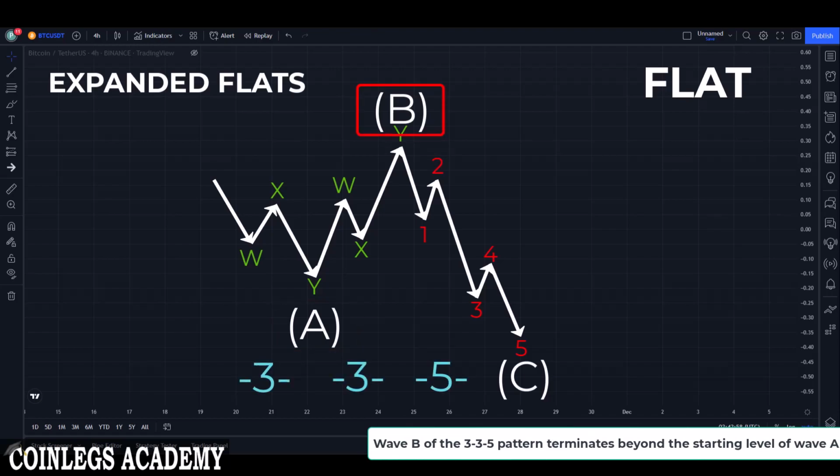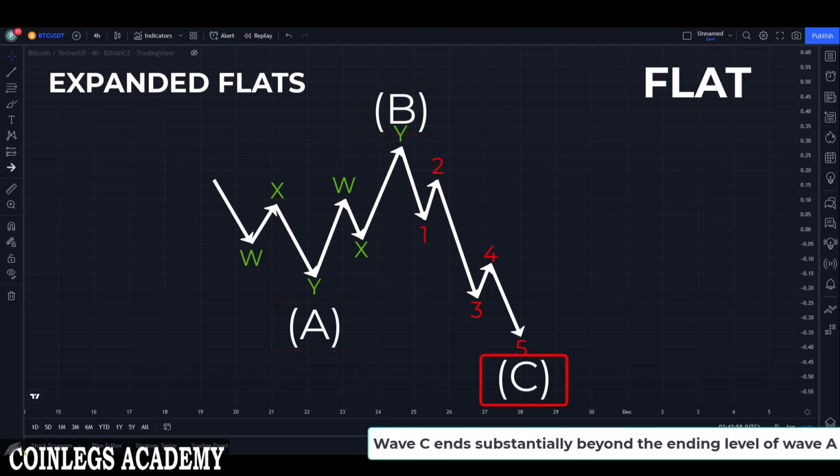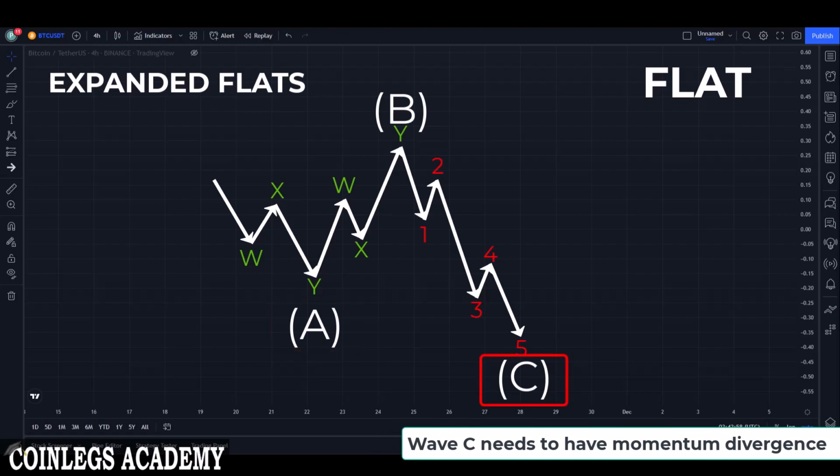Wave B of the 3-3-5 pattern terminates beyond the starting level of wave A. Wave C ends substantially beyond the ending level of wave A. Wave C needs to have momentum divergence.